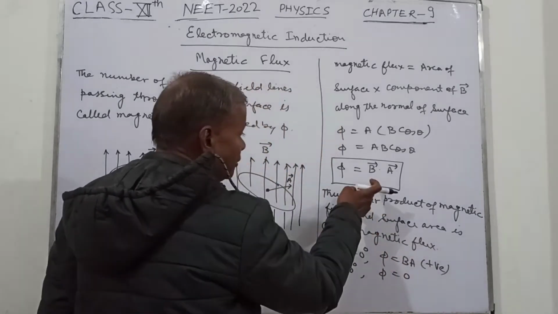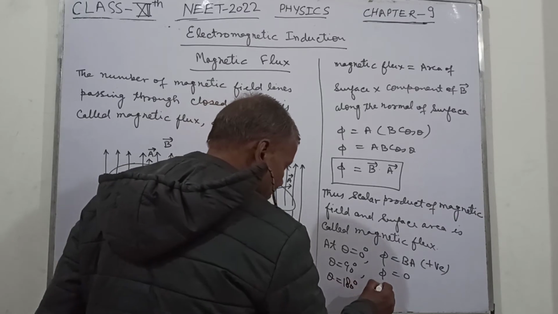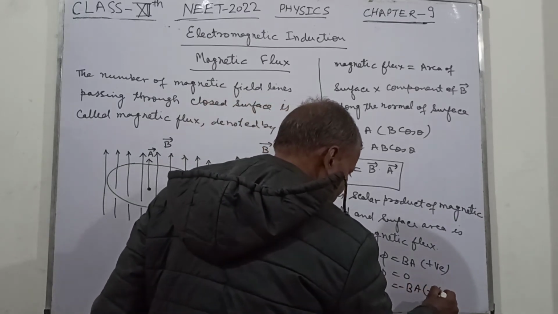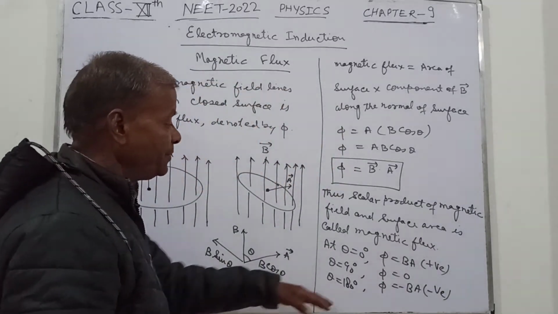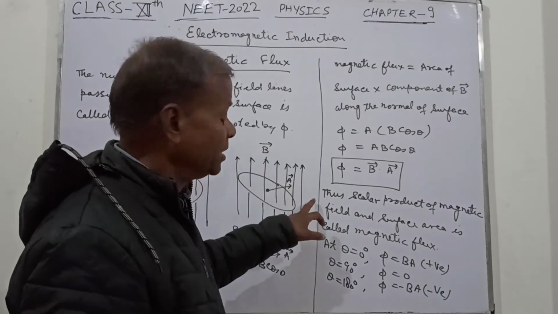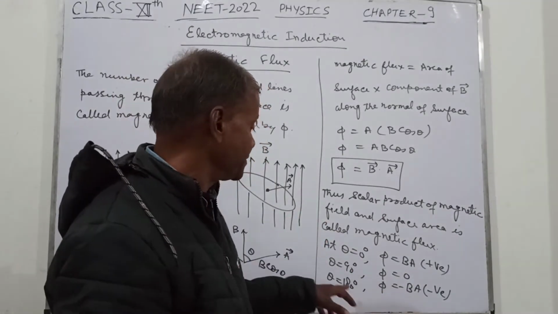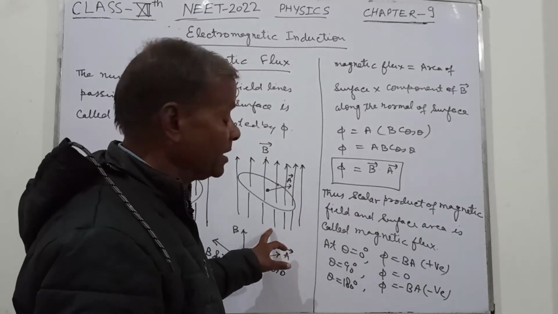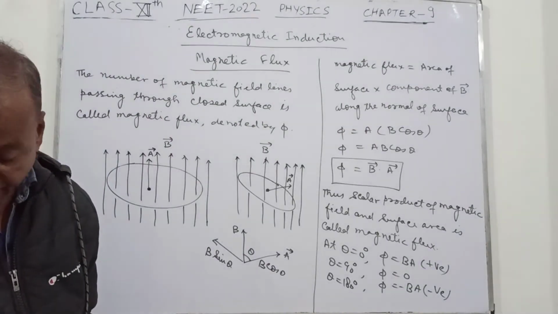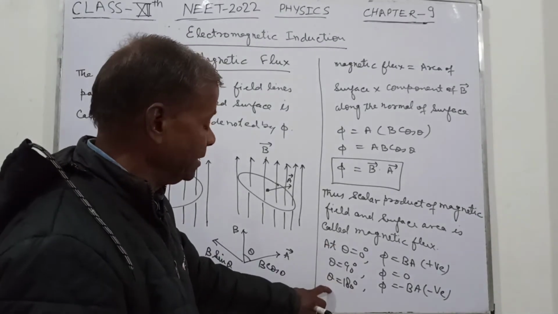At theta equal to 180 degrees, phi is equal to minus BA, which is negative. When we say positive, it means that the normal and B are in the same direction. When we say negative, it means that B and A are in opposite directions. So we can draw a graph showing the variation of phi with the angle theta.